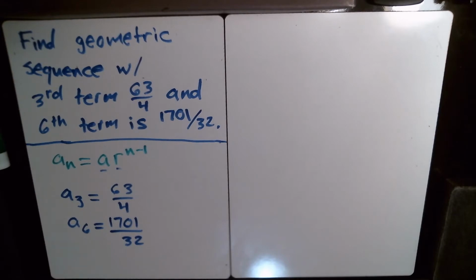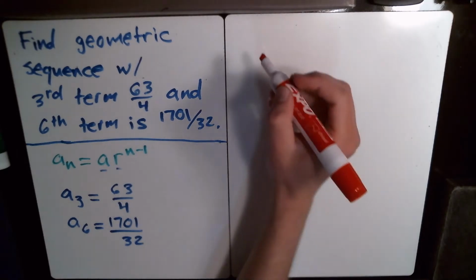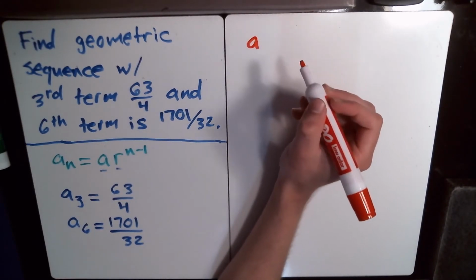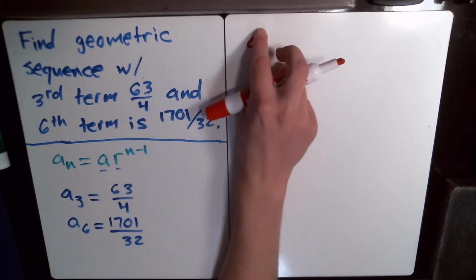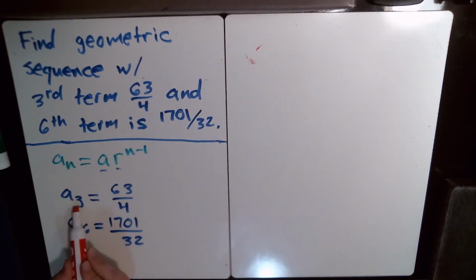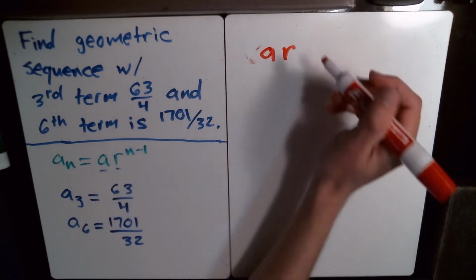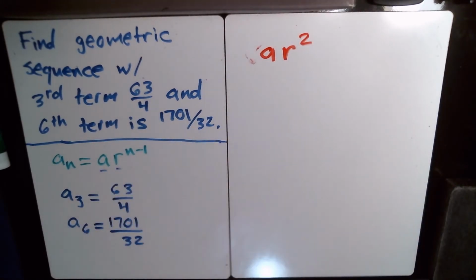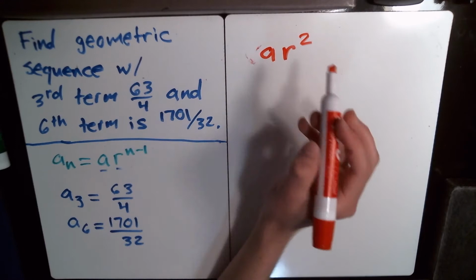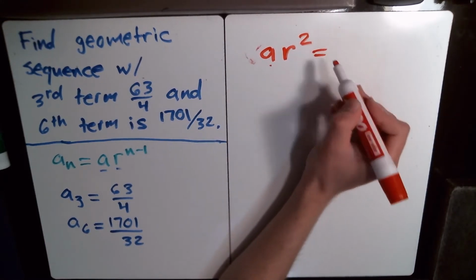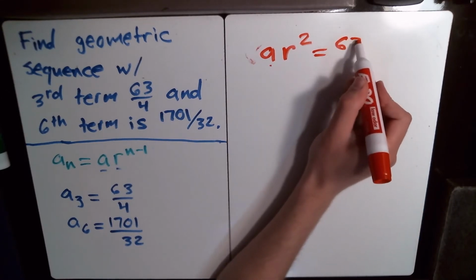So essentially, we're going to do a similar thing to what we did with the arithmetic sequences. We're just going to plug both of these in. I'm going to plug in 3 for n into this equation, and I get A times, well, 3 minus 1 is 2, so A r squared, and this would be equal to the 63 over 4.